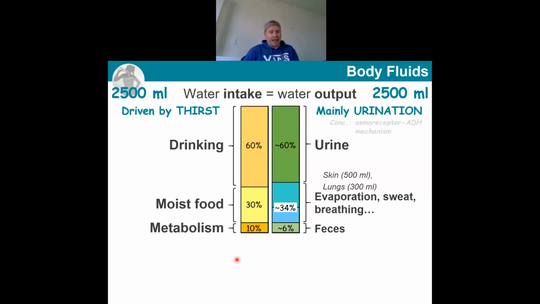And the concentration of the water balance in the body is regulated by something known as the osmoreceptor ADH mechanism. We won't go into too much detail of that, but we will go through water retention and water elimination by using a concept that we have seen already before.